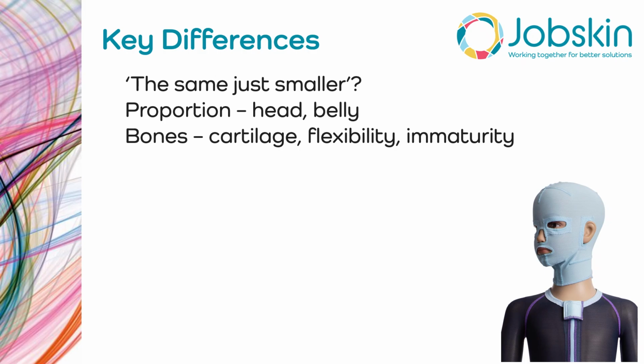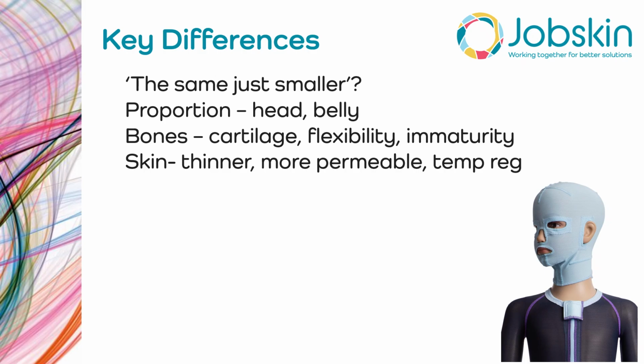Bones and cartilage are flexible and immature. So we'll talk about this a little bit further in the webinar, but that poses particular risks that we need to accommodate. The skin is thinner, more permeable, and children are less able to regulate their temperature easily. And of course, they are more active.